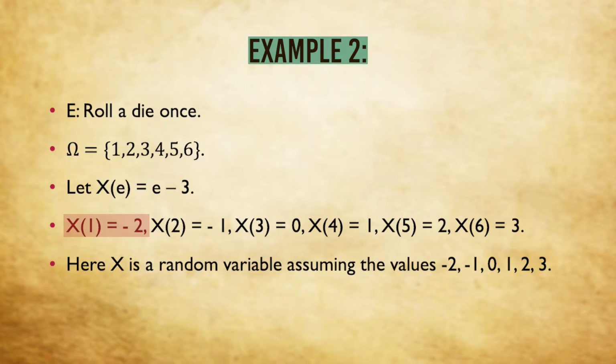So when e is 1, it is very much clear that x will have the value 1 - 3, that is -2. Similarly, for e equals 2, 3, 4, 5 and 6, the values of x will be -1, 0, 1, 2 and 3. So here also x takes several values and these values will depend on the outcome of the random experiment.